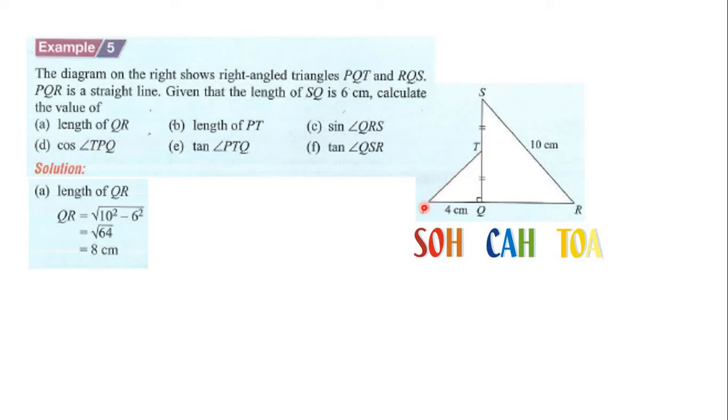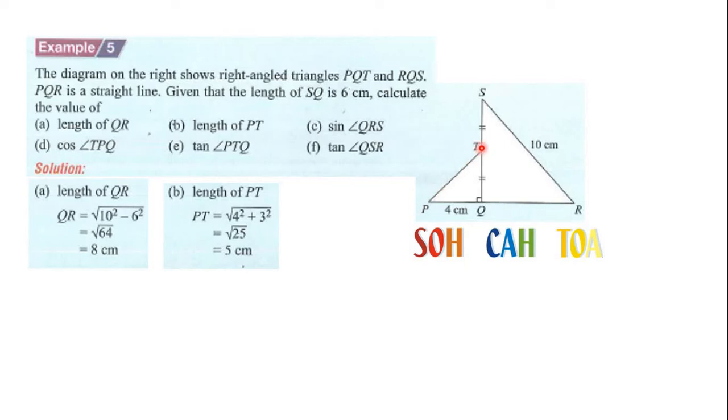You know that SQ is 6, therefore TQ is 3. So you just use Pythagoras theorem to find PT. This one, 4 square plus 3 square. So next you can get the value of PT.